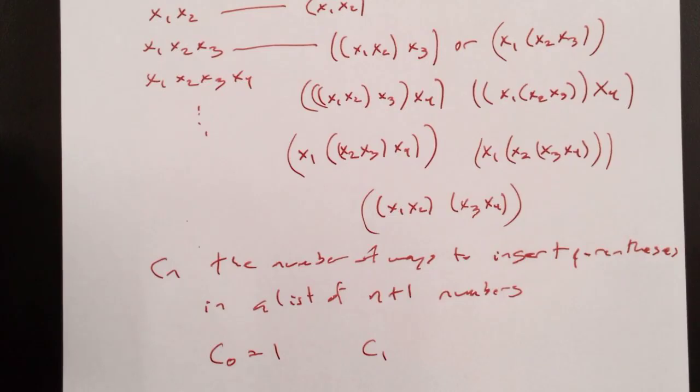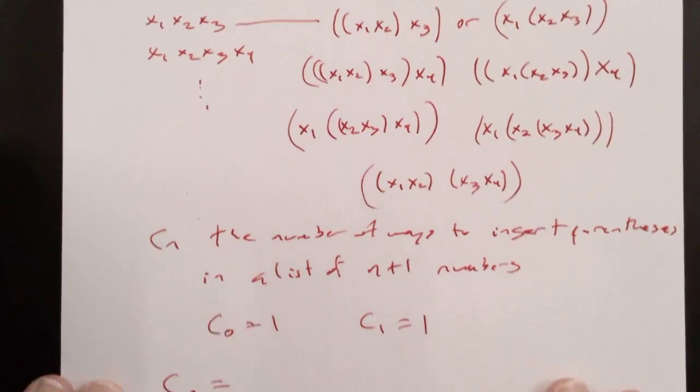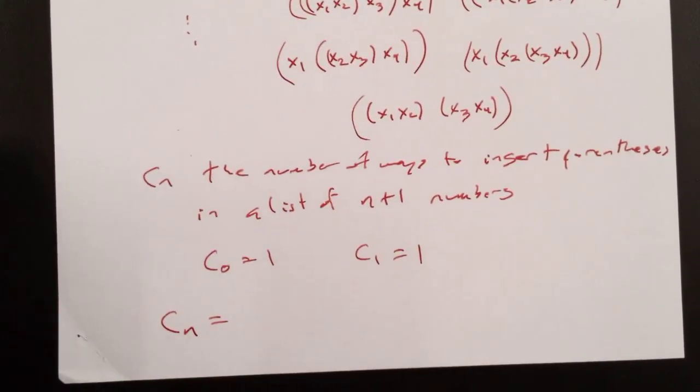If I only have 2 numbers in my list, then there's only one way to do it, the way we showed right here. But if I have a larger number, then I need to think about all the ways to do one less, and then add on one at the beginning.